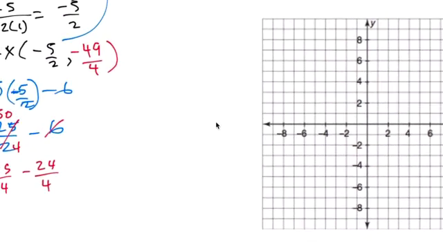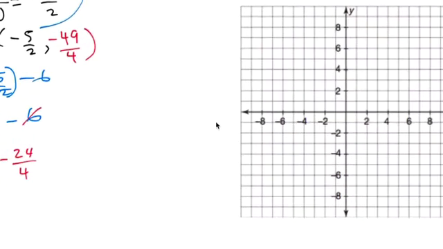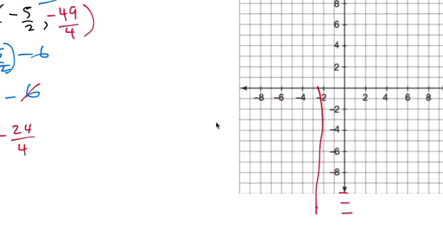So it is below negative 2.5, and 12.25 is 10, 11, 12, somewhere there. Axis of symmetry.